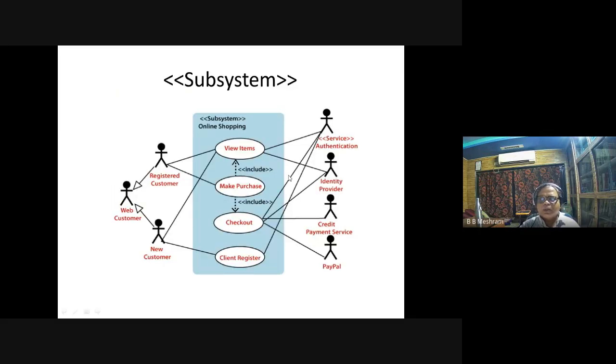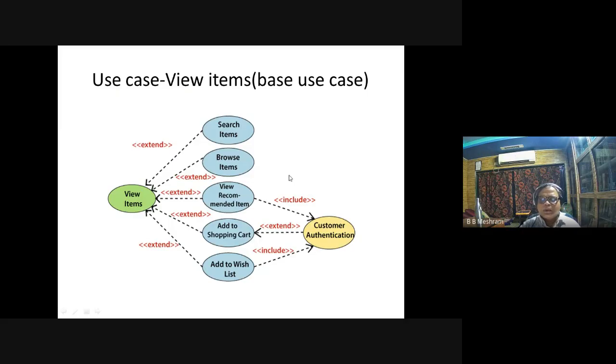So here, the view item use case may extend, and to view the items on the website, you have to search the items, you can browse the items, view recommended item, you can add the item into the shopping cart, or you can add the item to the wish list.